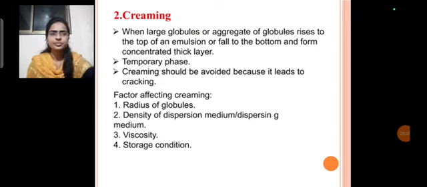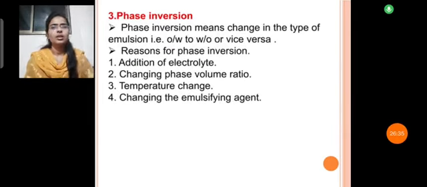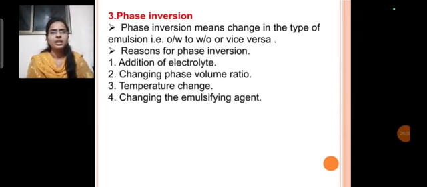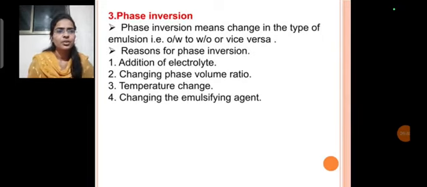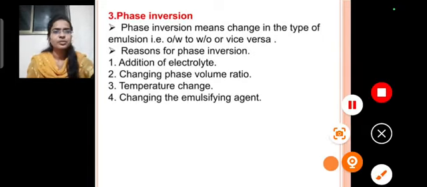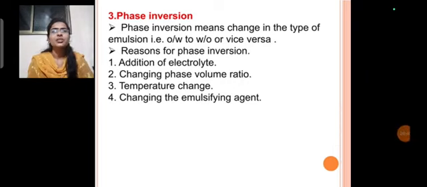Next is phase inversion. Phase inversion means there is a change in the type of emulsion, meaning a change from an O/W type of emulsion to a W/O type of emulsion and vice versa.